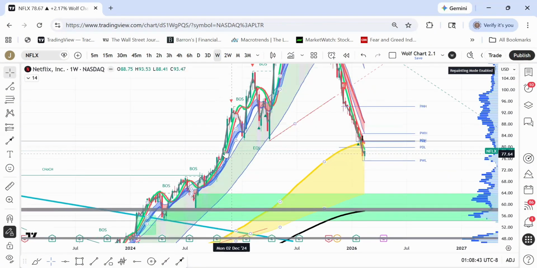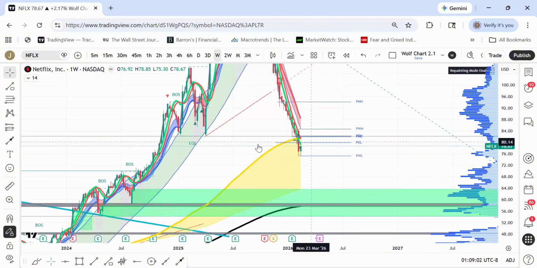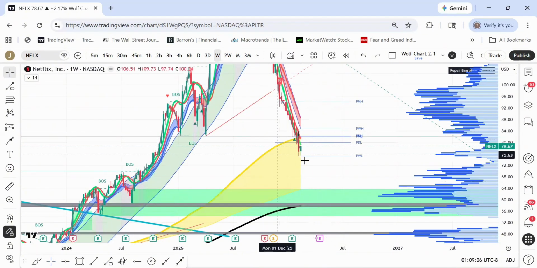Now, the last time they was at this price was November 4th, 2024. So price and area is different. Right now, we're at the 200 cloud, which is a place where smart money, hedge funds, and billionaires like to buy shares.